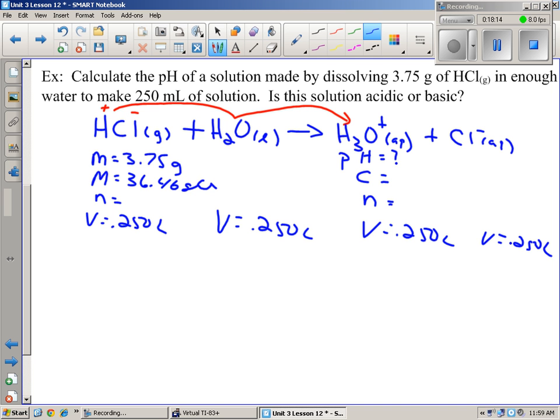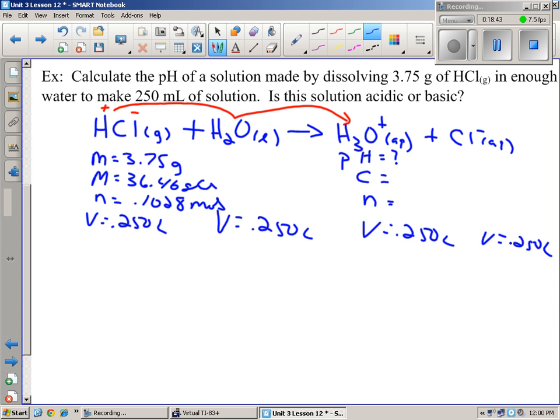Let me just do this here because I'll forget again. It's 0.1028 moles here. We do exactly like we did with concentration of individual ions. So I got 0.1028 moles of acid. HCl happens to be a strong acid, and we'll probably only do strong acids because weak acids are different.